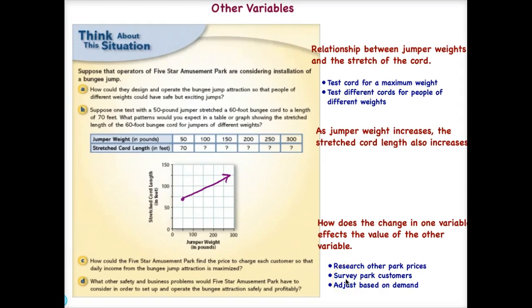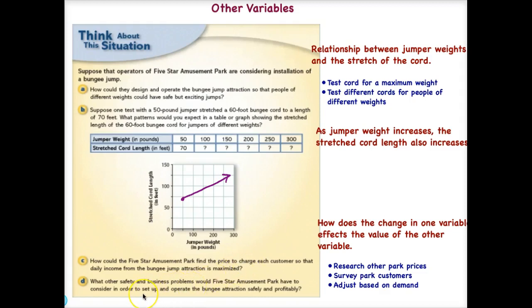We could also take a survey of our park customers and then finally adjust based on demand. So if we did charge a certain price and we weren't getting enough customers, we might want to lower that price in order to get more customers. If, on the other hand, we had a line that stretched out of the park because our price was so low, we may need to raise our price. The other consideration is that we can't charge a price so low that we don't have any profit.